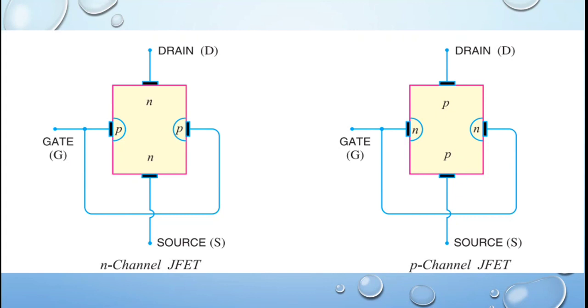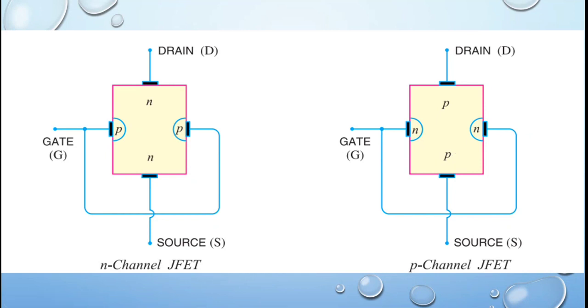So this is the construction of JFET. This is for the N channel. Here this is for P channel. P channel means the majority is P type semiconducting material. At the midpoint there are two N type semiconducting materials, with a gap in between these two N type semiconducting materials. Here it is full of P type semiconducting material.